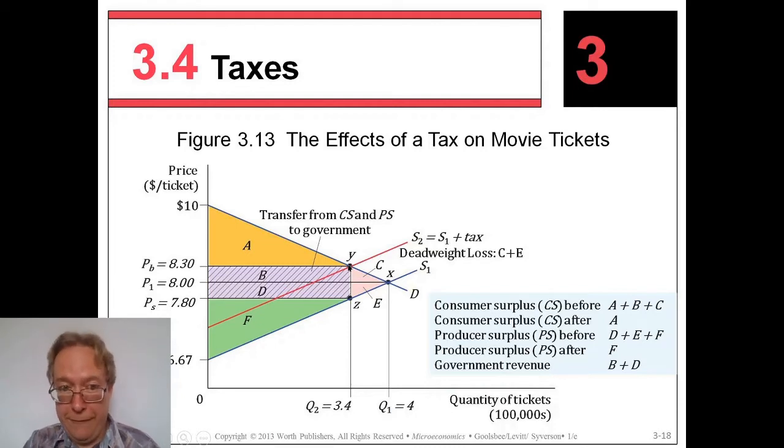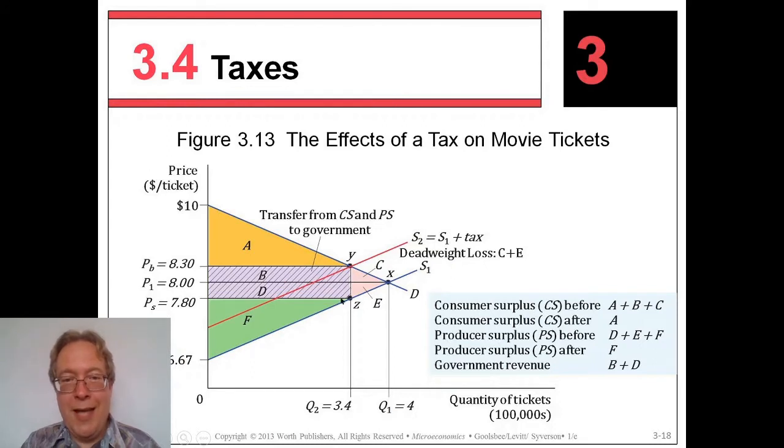Because remember, they have to give 50 cents to the government. So in that case, if they now get 8.30, they would be just as well off as they would before, right? The net price that they end up receiving will be 7.80 again. And that holds for every point on the supply curve, right?